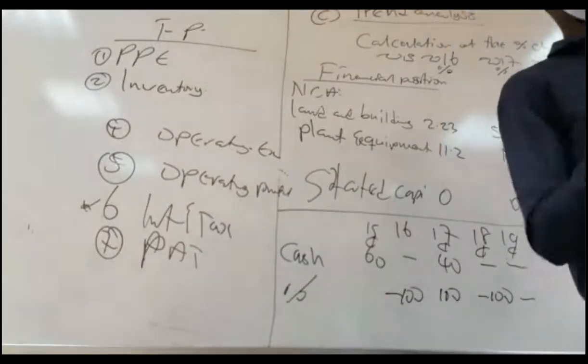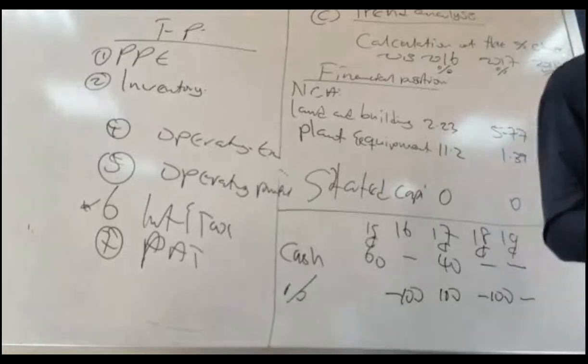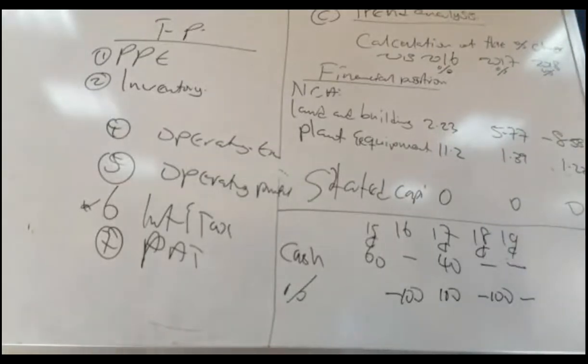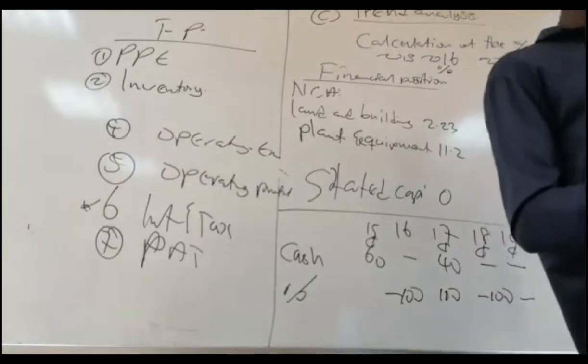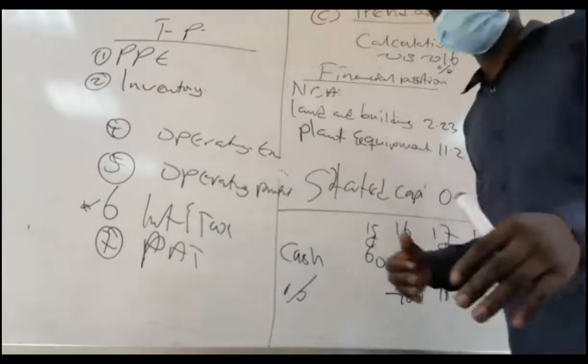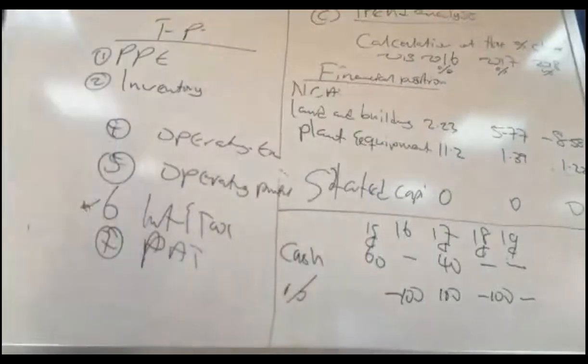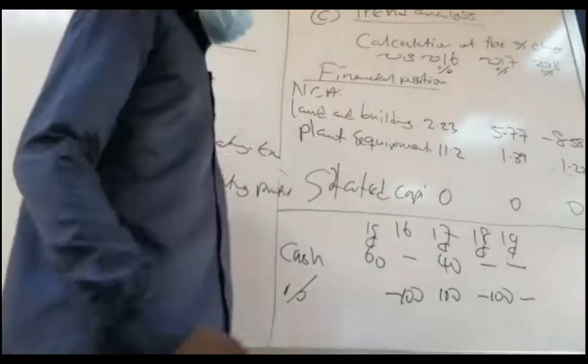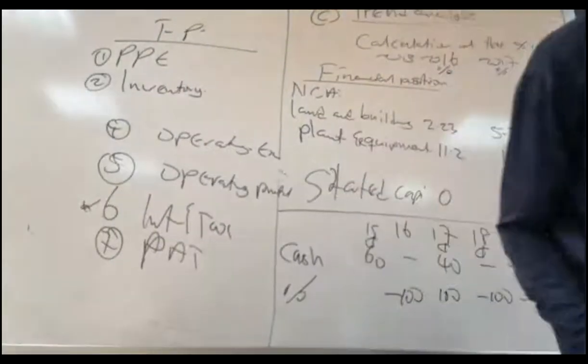This implies that we are pushing much of our revenue generation or our cash flow into inventory. And if this continues consistently increasing, when inventory is increasing, that means we are piling our cash flows into what? Inventory. Good.